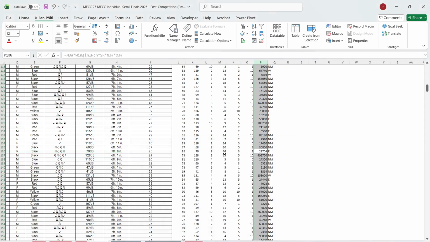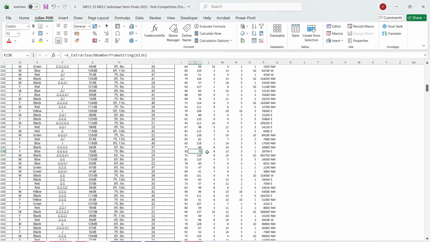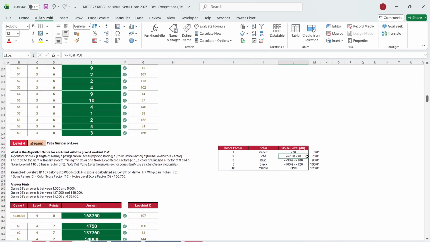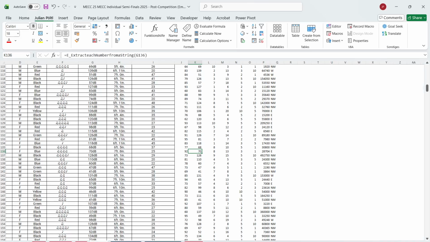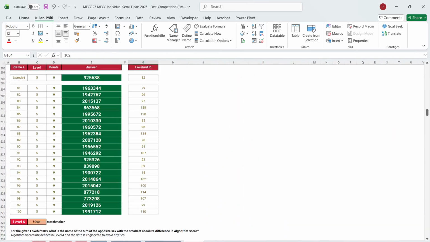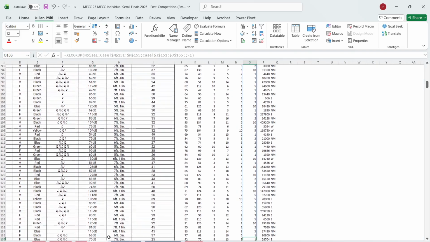Is there something how this could be? Again 70. This might be the issue, because here it should get a score factor of 2, and it is getting a noise factor of 1. I'm an idiot.